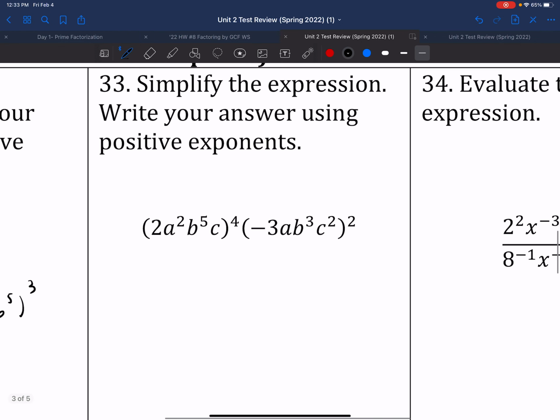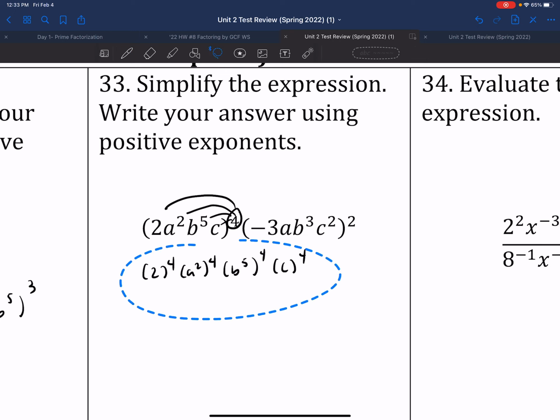Next I want to go ahead and do this one, and since I don't have a negative exponent, I can just go ahead and distribute, give everyone the money. So I have 2 to the fourth power times a squared to the fourth power times b to the fifth power raised to the fourth power, and then c raised to the fourth power. And let me just give myself some more room.